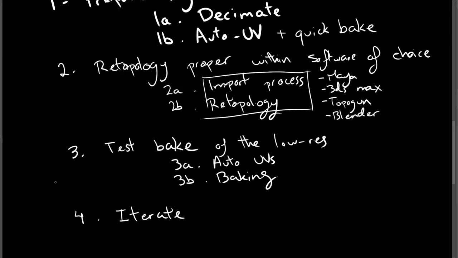So we could almost say that this throws us back here and this throws us back there afterward. So we get within a loop of looking at the result from the test bake, doing some changes to the low res, and then doing another test bake, and doing that loop until we have pretty much addressed every issue that we have upon our low res.